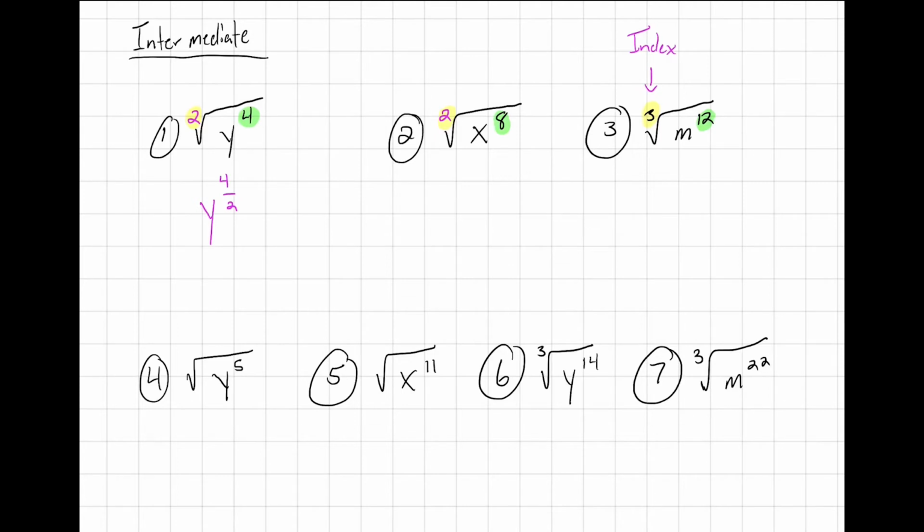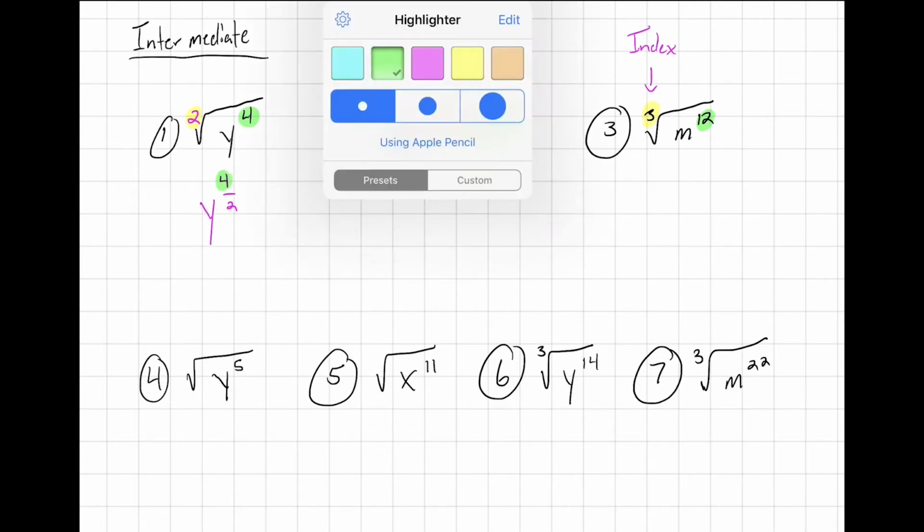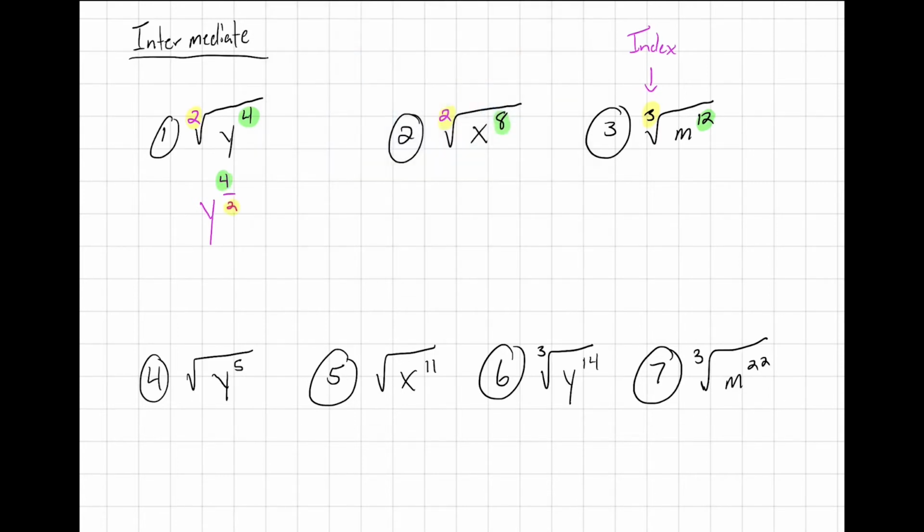It's the inside exponent over the index. In this case, for number 1, we just rewrite the problem as 4 over 2, and we know that 4 divided by 2 is 2. So your final answer for number 1 is y squared. We get that just by being able to divide those two numbers and get them in the right order.